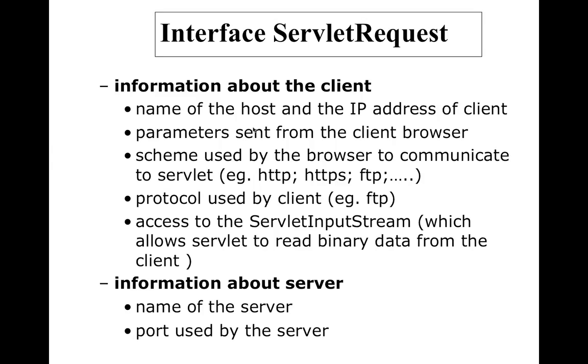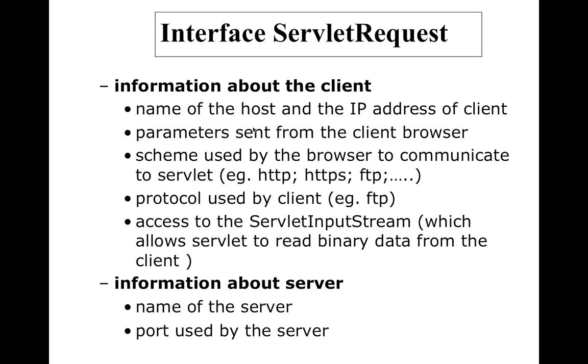If you are hitting my server, I can log your host name, your IP address, and everything clearly if you are using my service. These are all helpful in tracing who is using it and from what global locations we are getting requests to our website, and all that can be identified by getting the name of the host and IP address. All these are available in the request object.